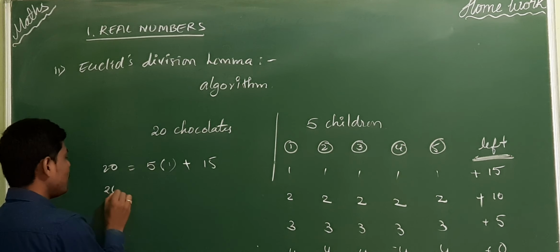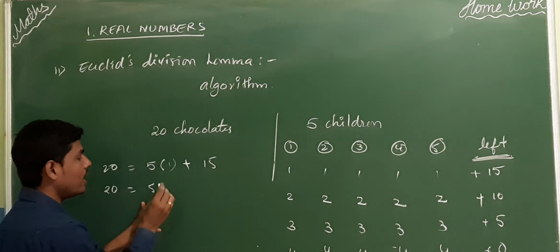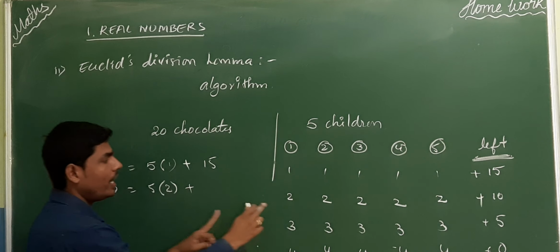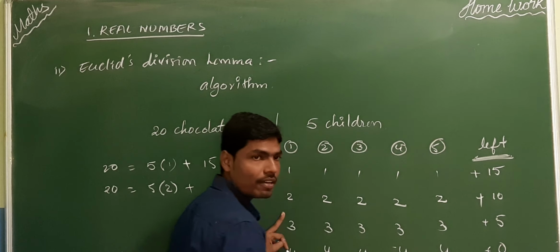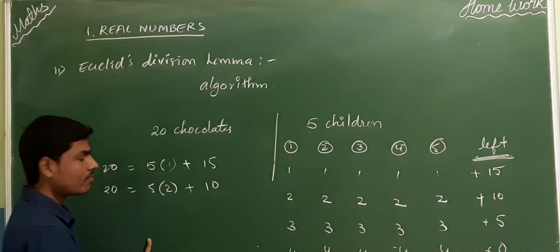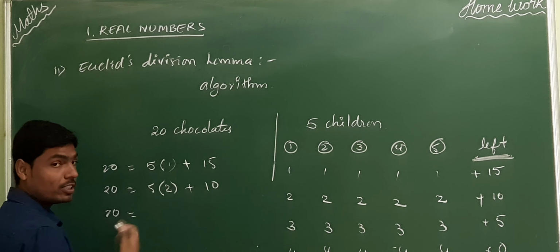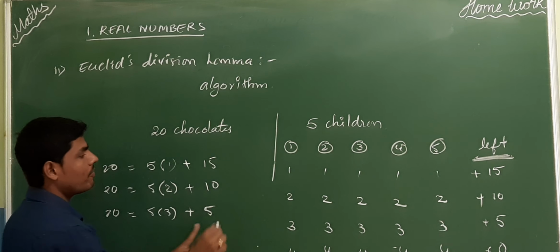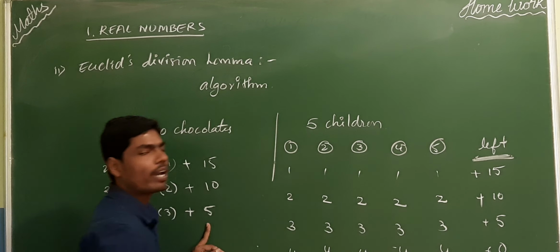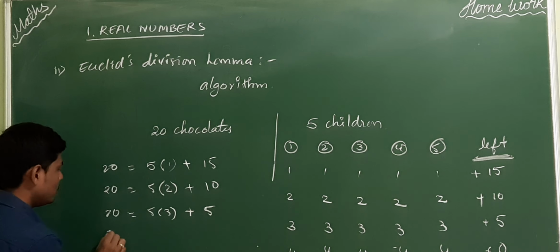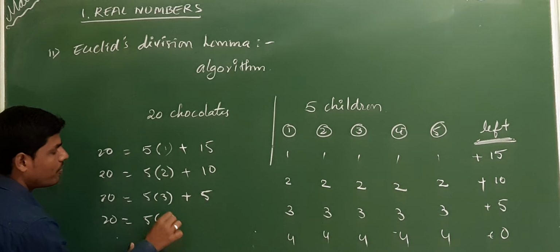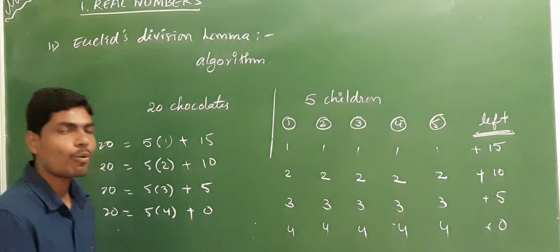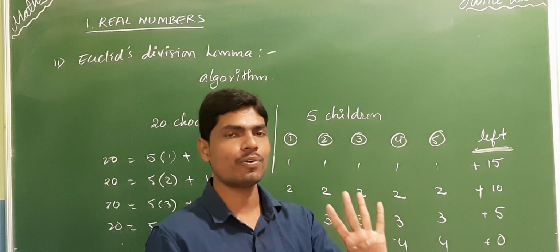Next, these 20 chocolates I distribute to 5 children, 2 for each member. 5 twos are 10, and 10 chocolates are left. Now with 3 each, 5 threes are 15 plus 5 left; in the third step 5 chocolates are left. Now 20 is 5 into 4, since 5 fours are 20, and no chocolates are left. So how many chocolates can I distribute to each child? 4.